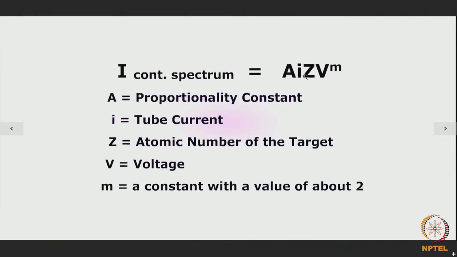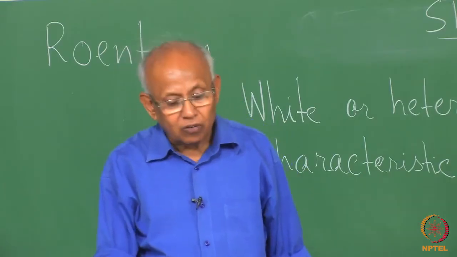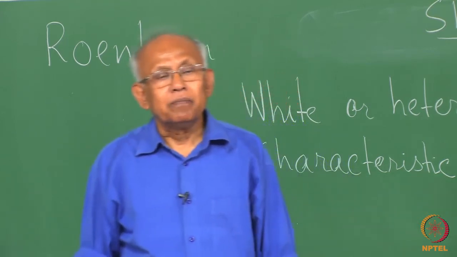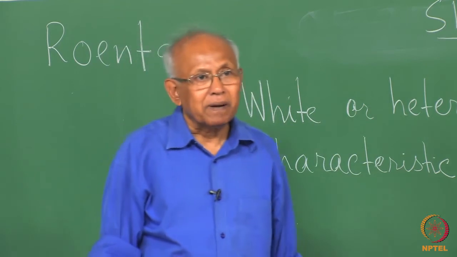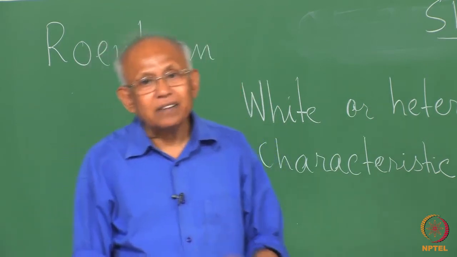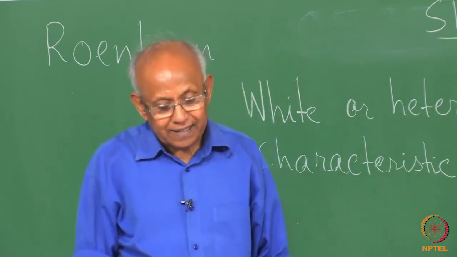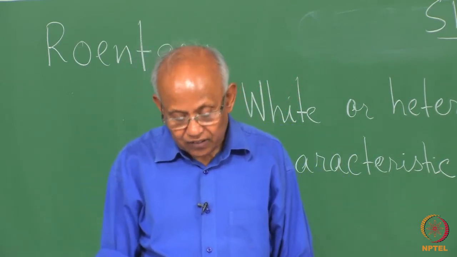One of the possibilities is the value of Z. If you use a target of a sufficiently high atomic number, that will immediately give you a high value of the intensity of the white radiation. For example, in many cases we use a heavy metal target, say for example tungsten or molybdenum, in order to get a high enough intensity of the white radiation.